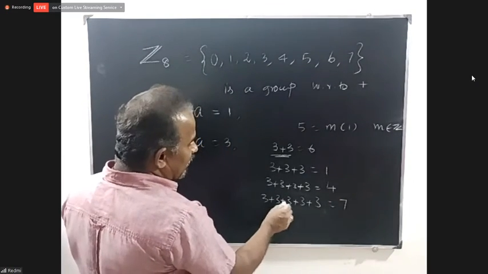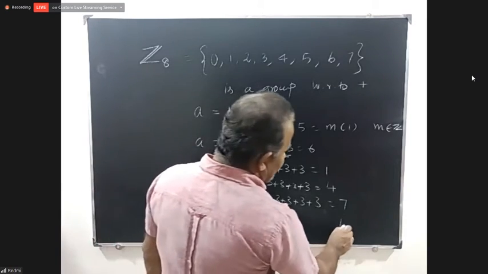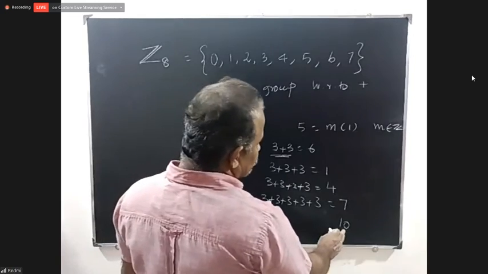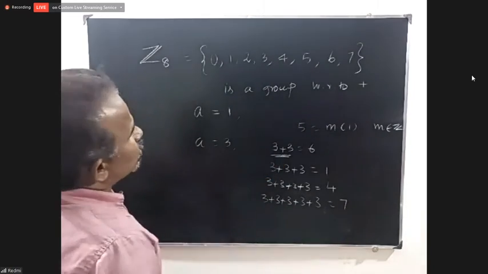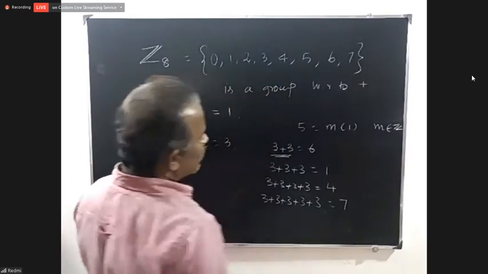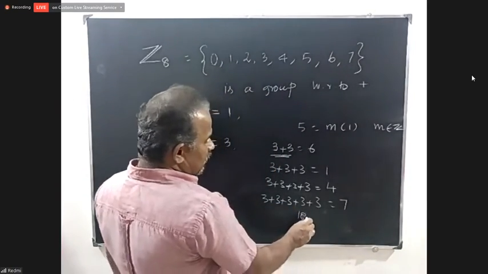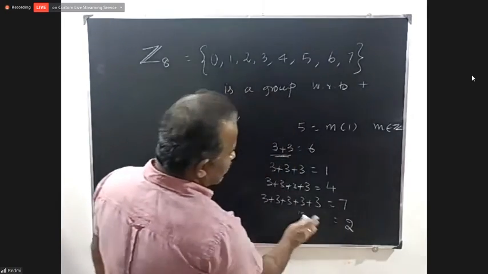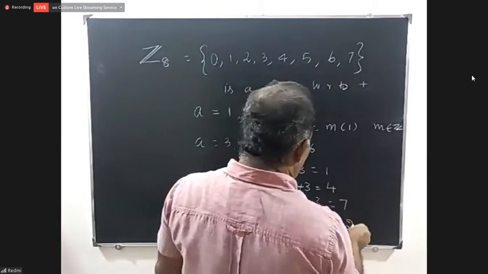Likewise, you will be getting 18. 18 minus 16, you will be getting 2. So you will be getting 1, 2.